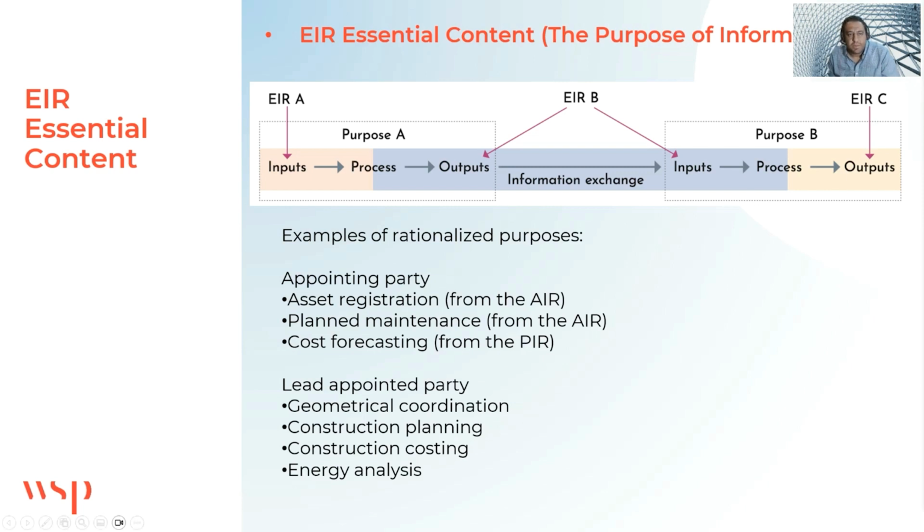Each purpose requires specific inputs and processes that utilize relevant information to produce the necessary outputs, which then become an input for subsequent processes. This creates an interconnected chain of information exchanges, and the rationalization of purposes is a foundational step in defining the EIR.